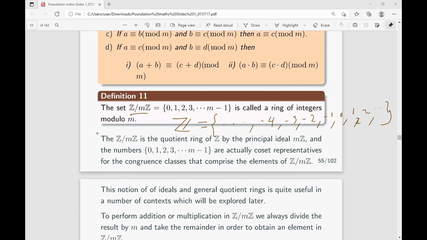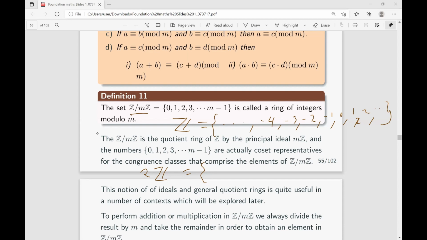So our m here is another integer, and I'm multiplying m by Z. When you multiply m by Z, you get another set. For instance, if m is 2, I'm just multiplying 2 by Z, and you get another set. And this other set that we're getting is what we call a ring of integers mod m.